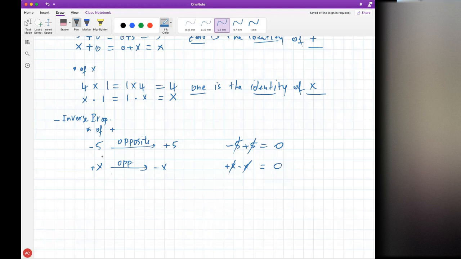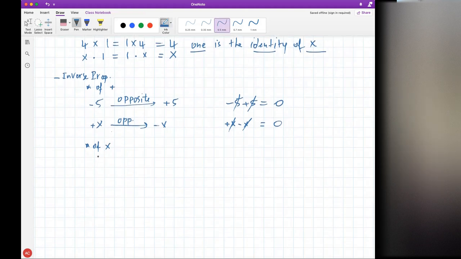We have one for multiplication. So let's see how that works. Okay, so the inverse property of multiplication. This one is a little bit different. What we do is take a real number, any real number, could be a fraction, decimal, positive, negative.